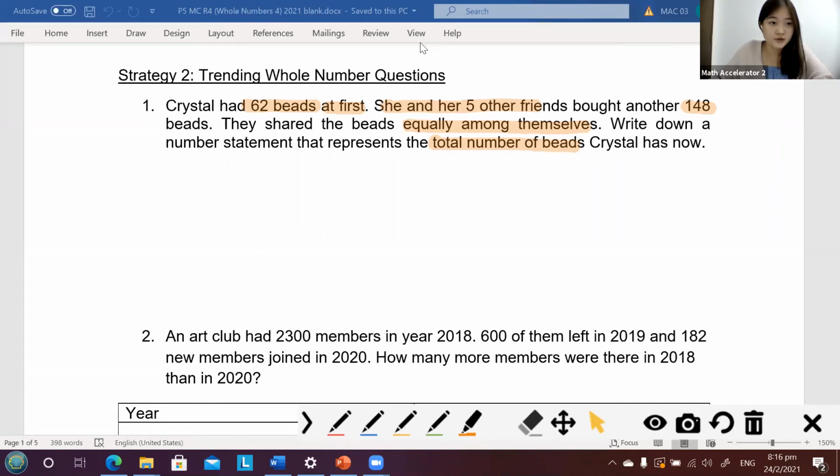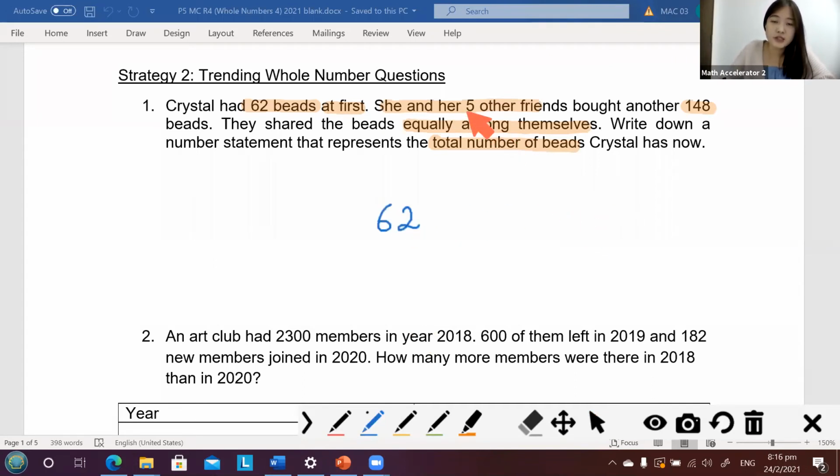A lot of you chose option 3, which is correct. There is a tie between option 2 and 4, and about 4 of you chose option 1. So let's see why your answer is option 3. First of all, Crystal has 62 beads, so let's write down 62.